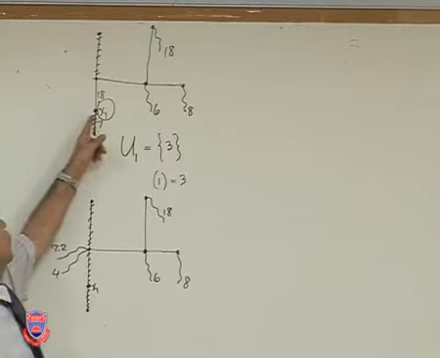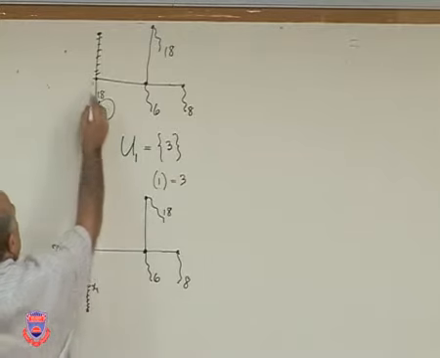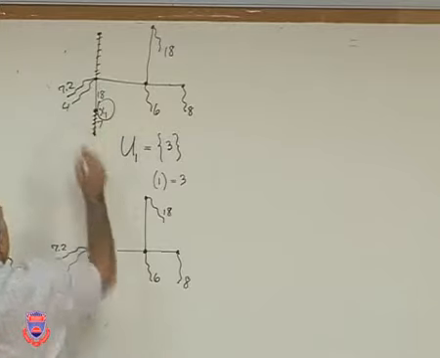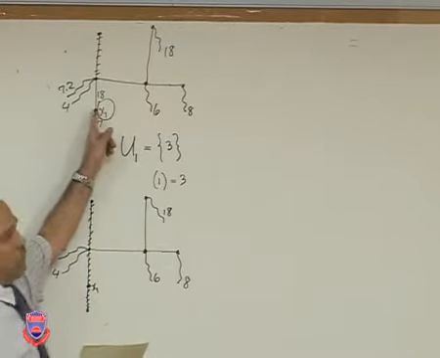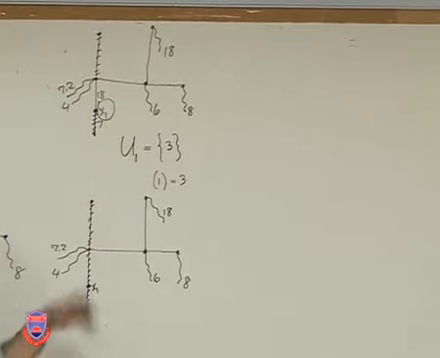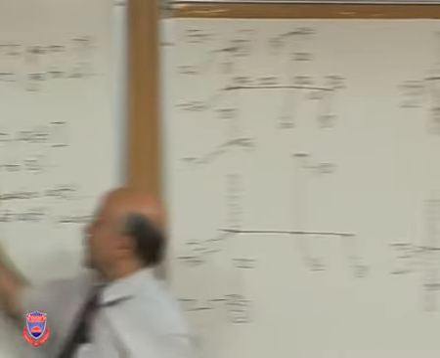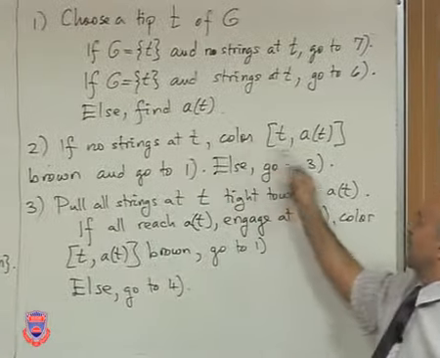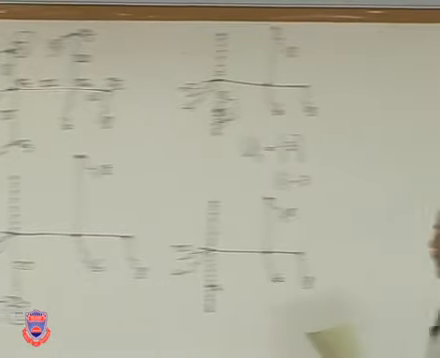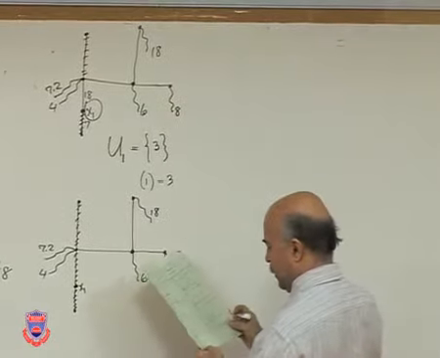In this step, of course, we did not really do anything, other than just noticing that there are no strings, so you just color it brown. And that's one of the steps, actually. It's step 2. If there are no strings at T, color T to A(T) brown and go to 1. Okay, so we executed that step.